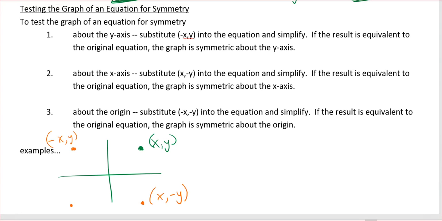Similarly for origin symmetry, we have negative x and negative y. So testing a graph for symmetry, if we're just given an equation, we substitute negatives in and see if we get an equivalent statement.